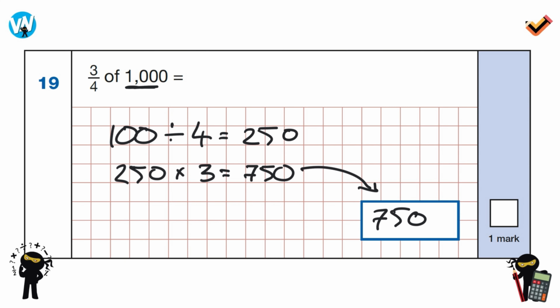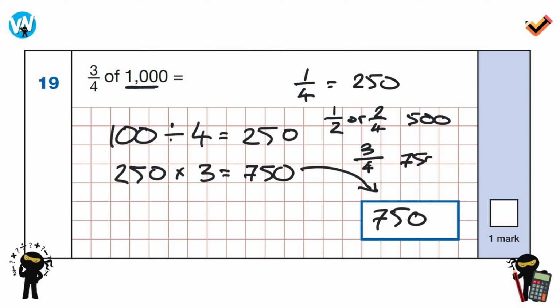If it was 1/4 of 1,000, we should just know that that's 250. We should know that half or 2/4 of 1,000 is 500. We should know that 3/4 of 1,000 is 750. They're just basic facts that we should know on the journey to 1,000. So those ones can be a little bit tricky.